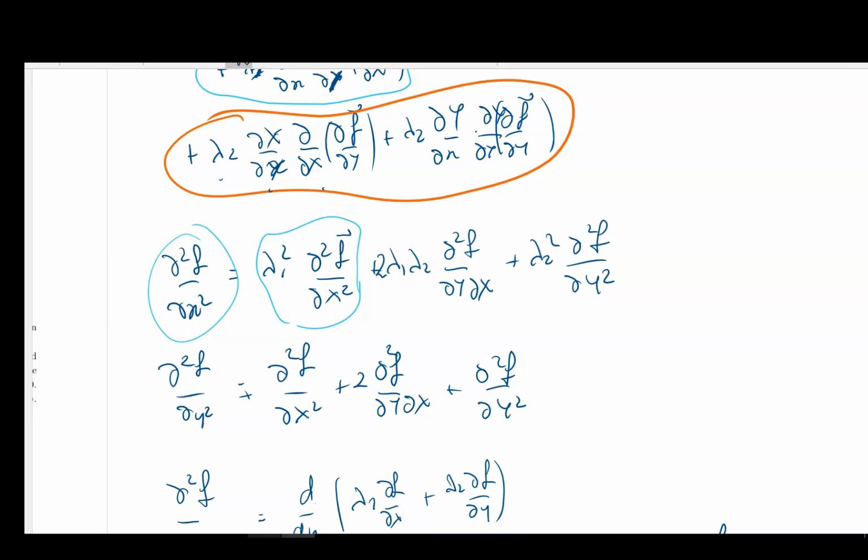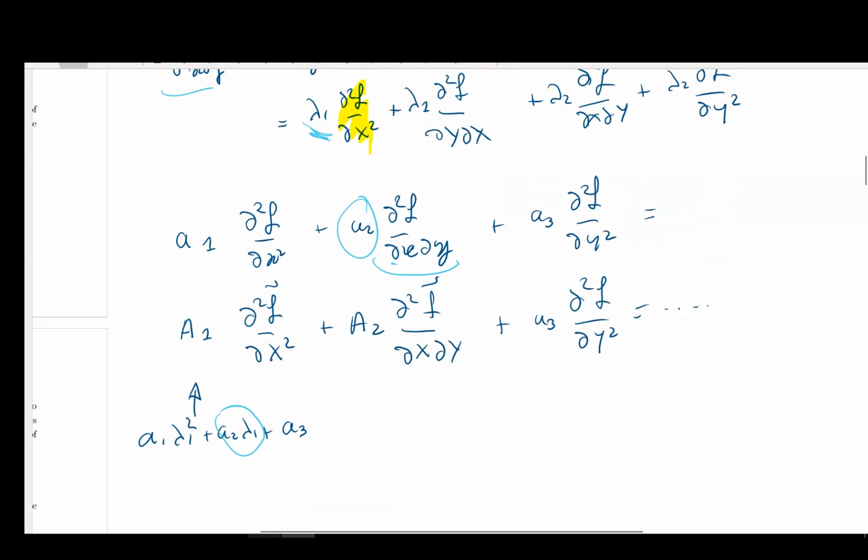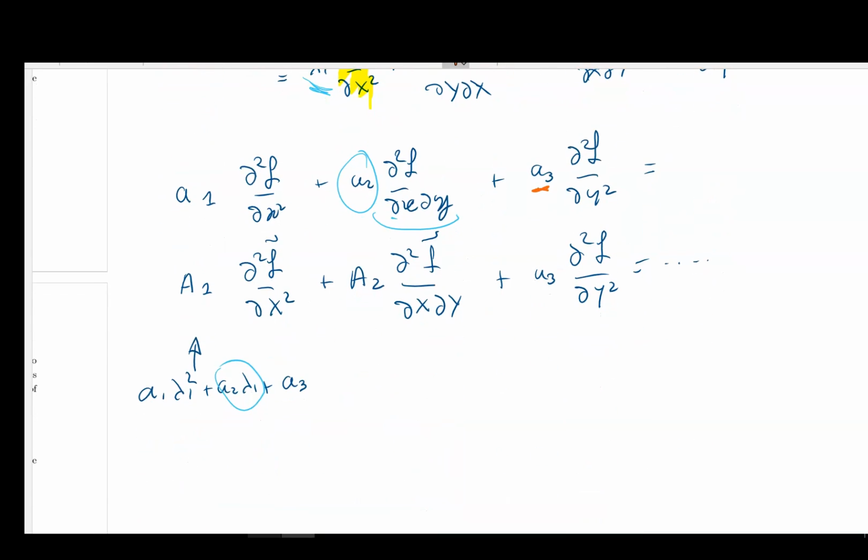So I get it with the lambda 1 square, and the one for the d2f dy square is this one, with just a coefficient of 1. That's why the one that comes with an A3 here comes with a coefficient of 1. This is why you only have A3, whereas the one that came with the A1 coefficient comes with the A1 lambda 1 square. Okay, so that's for the first one.